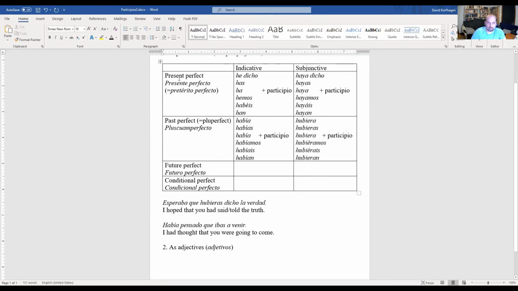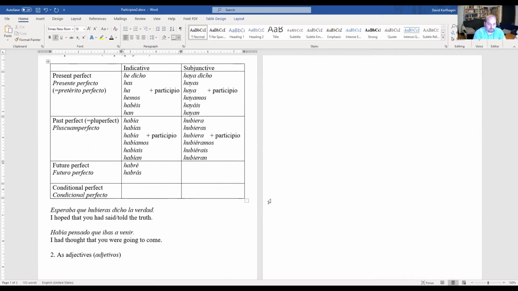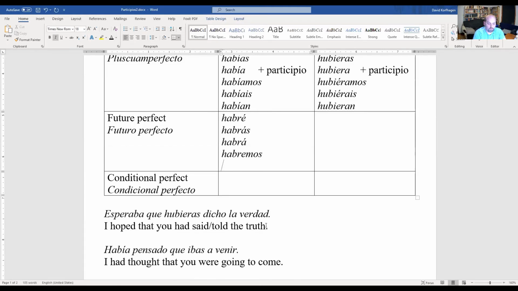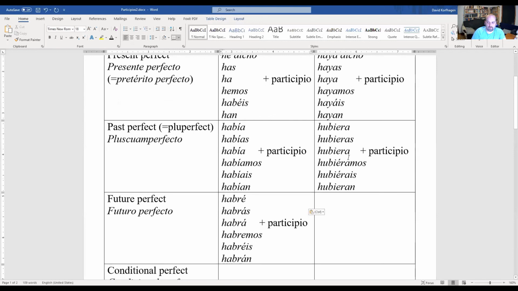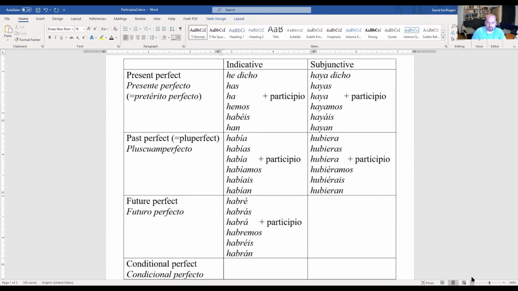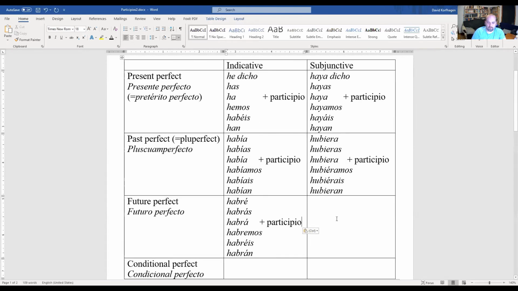Okay, so if the present perfect is the present tense plus participle, the future perfect then is going to be the future plus participle. So that's habré, habrás, habrá, habremos, habréis, habrán plus participle. And then there technically is a future subjunctive, but it's just so rarely used that we won't even worry about talking about that.